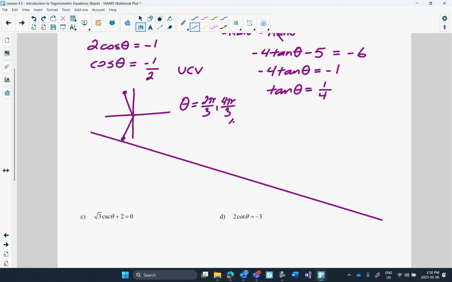So, quadrants, tan positive. What quadrants is tan positive? 1, 3.